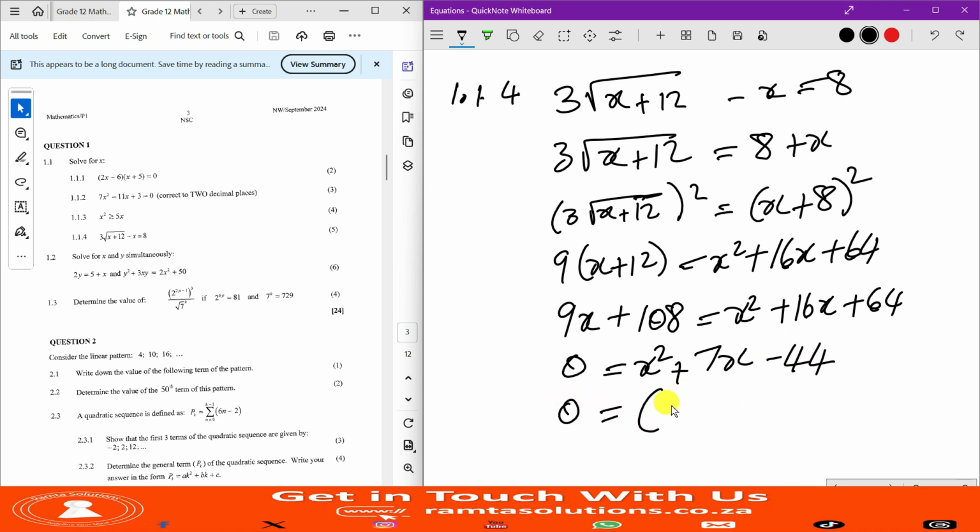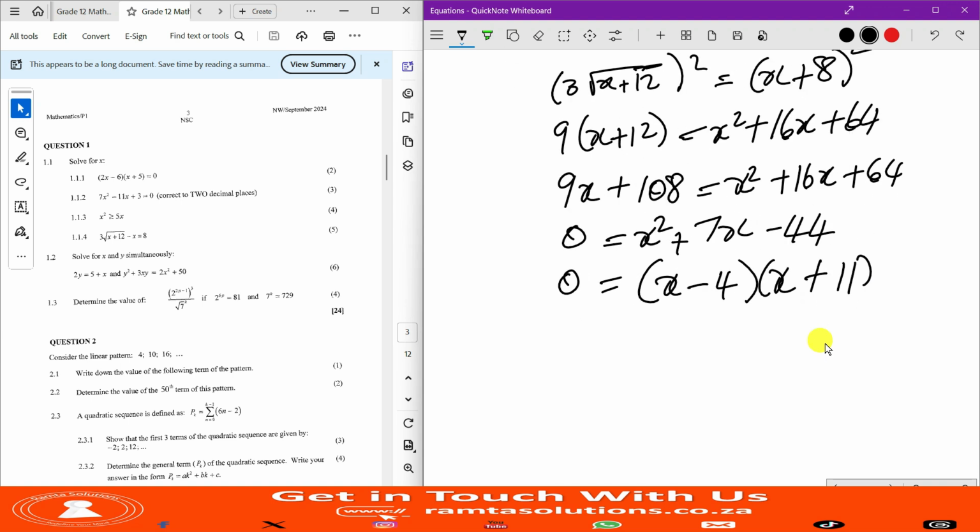I see 11. Okay, I'm thinking 44. I'm seeing 11, so I'm going to be saying 4 times 11. But the bigger factor must take the sign of the middle. This one is the biggest. So we have x equals 4 or x equals negative 11.